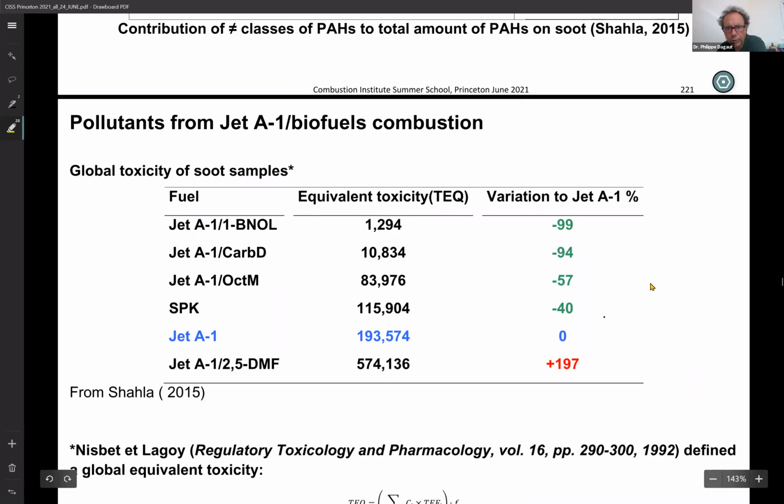We can see that potentially the toxicity of soot particulates just based on PAH collected on their surface is decreasing when we use SPK or methyl octanoate or diethyl carbonate or butanol, compared to regular soot samples for the reference fuel, but dramatically increases in the case of 2,5-DMF.